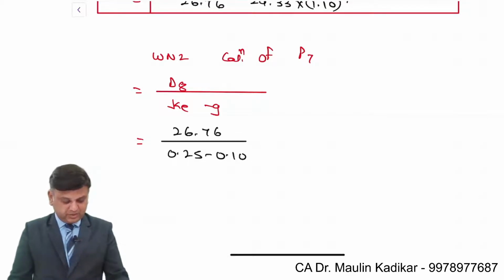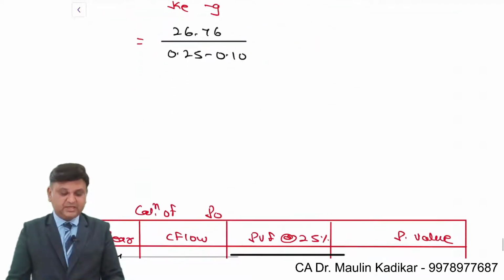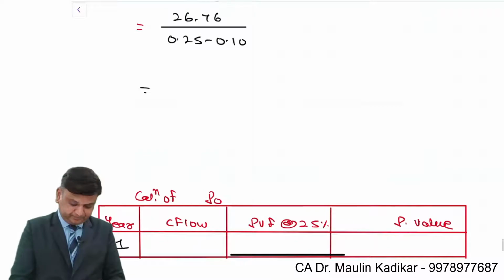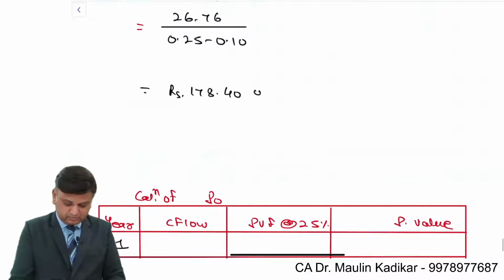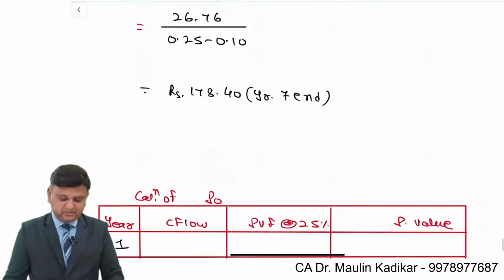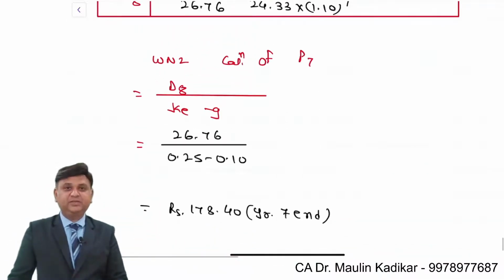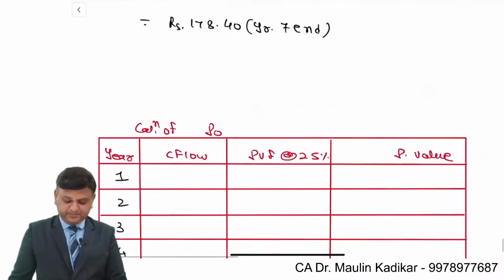So 26.76 divided by 15% comes to 178.4. It is year 7 end. That is where P7 will be found.